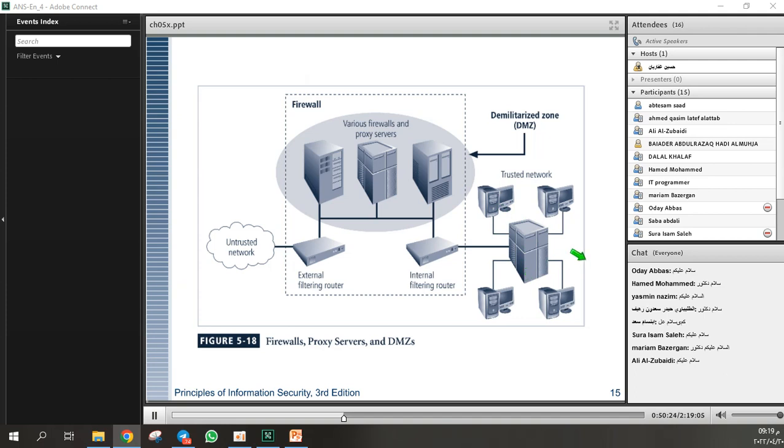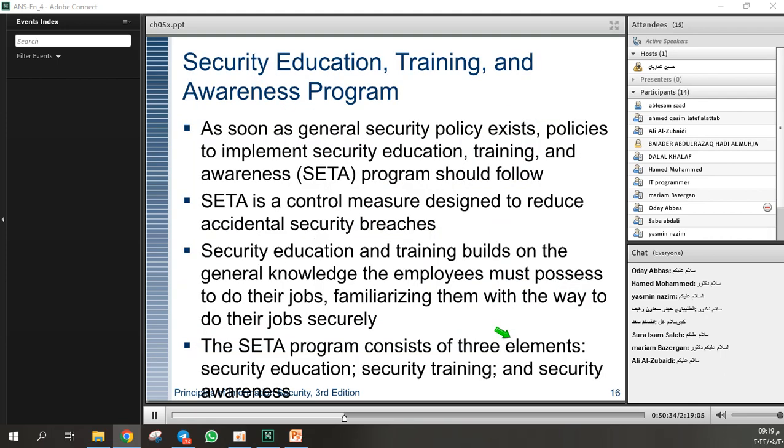MZ means militarized zone, an MZ area inside my organization. It's a combination of proxy, firewall, and DMZ in this figure.